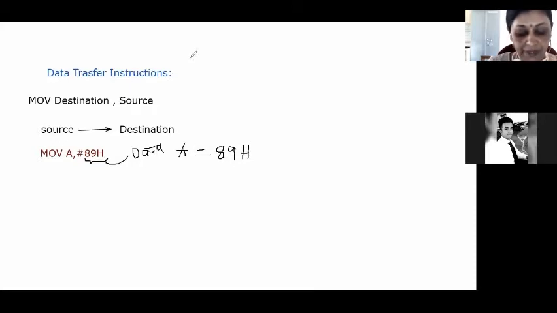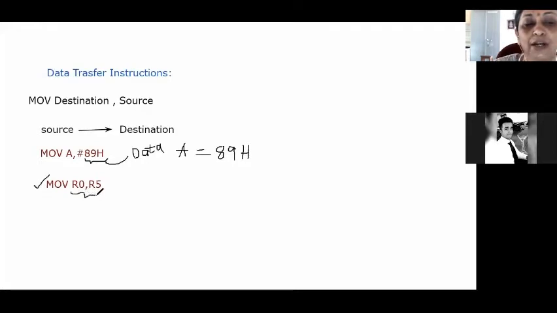Now let us see another version of this instruction. If I write MOV R0, R5, what can you tell about this instruction? Which type of addressing mode does it use?